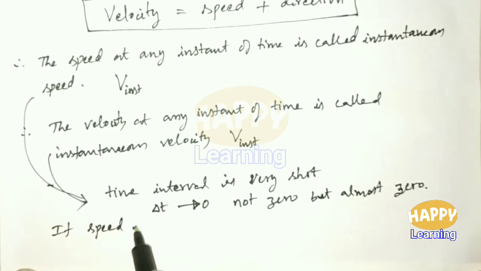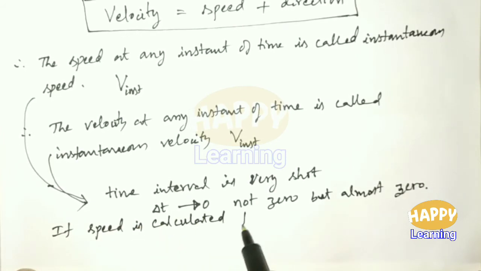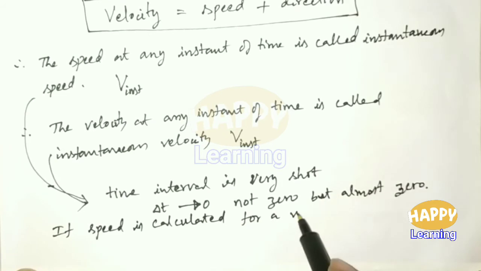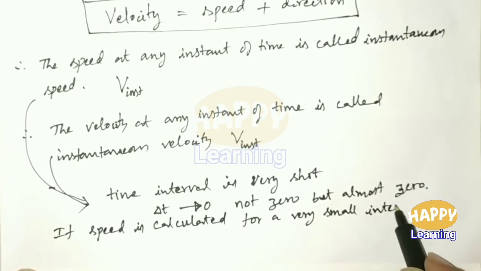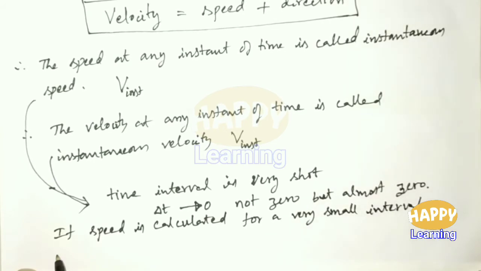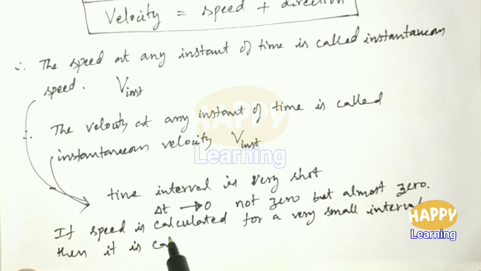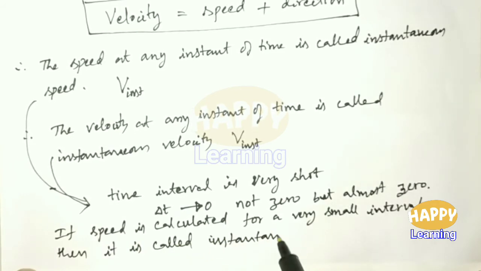If speed is calculated for a very small interval of time, then it is called instantaneous speed.